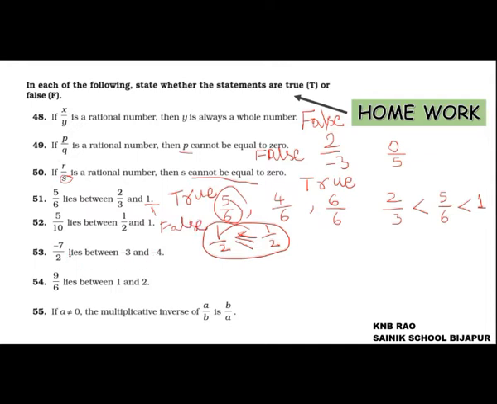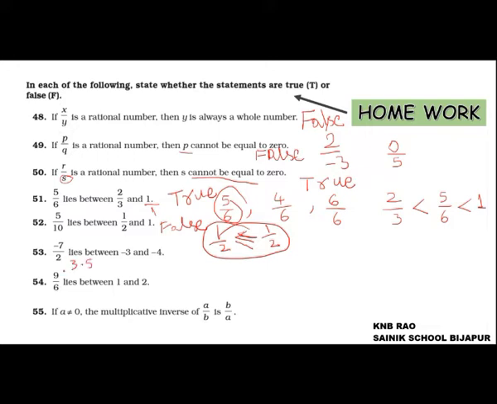Next, minus 7 by 2 lies between minus 3 and minus 4. To answer, either you can do it this way, bringing all three rational numbers to the same denominator, or else you can find the value of 7 by 2, which is 3.5.